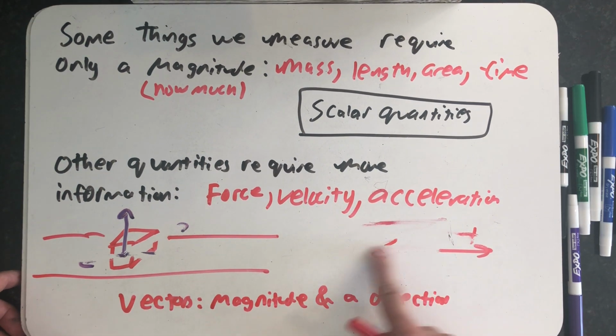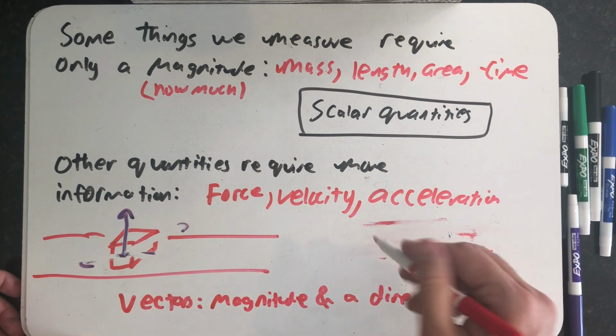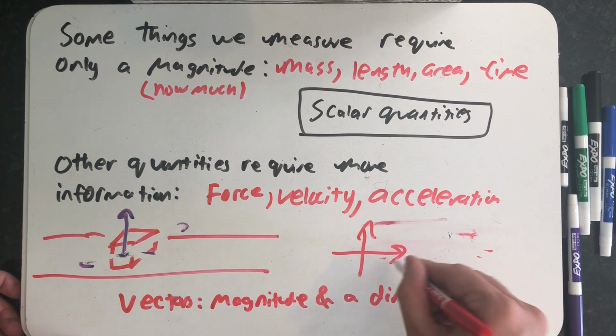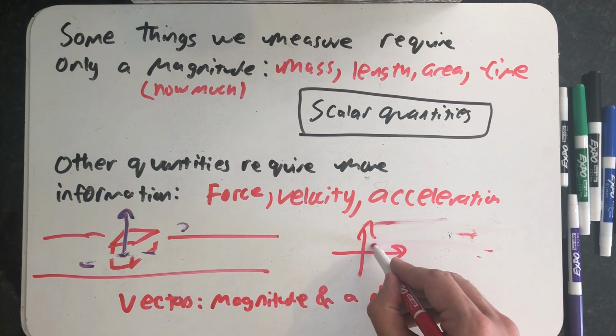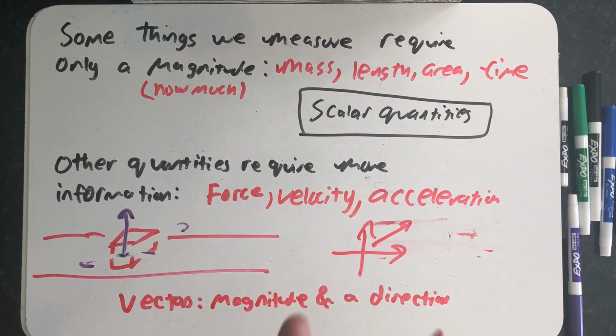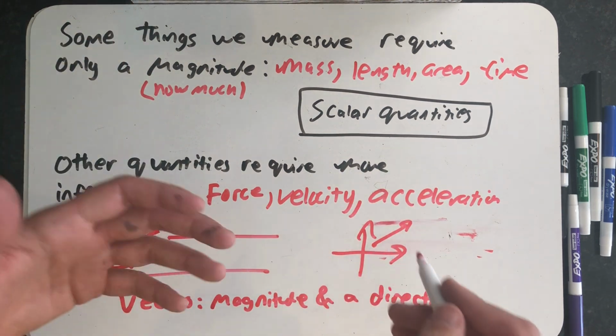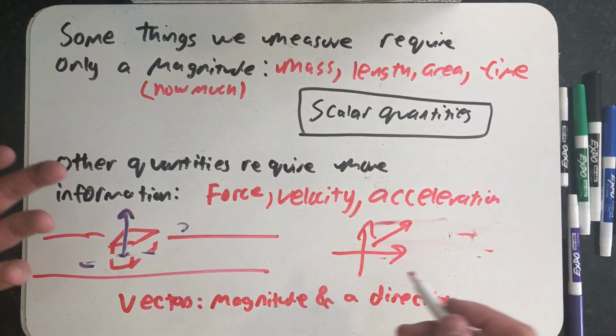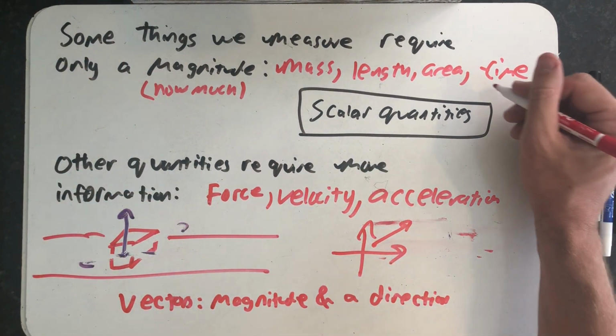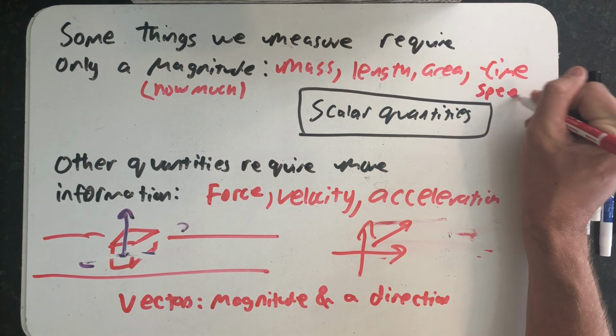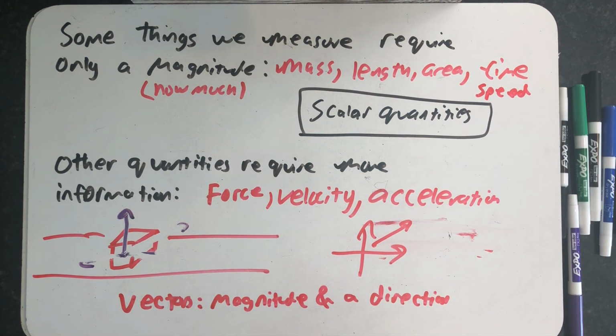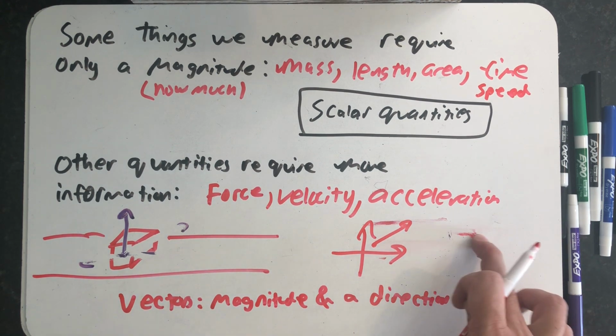But if I have something moving in the plane or in space, right, a plus or minus wouldn't make sense. I'll need to literally tell you a direction I'm traveling in to describe velocity. If I only tell you 30 miles an hour, right, if I only tell you the number, that actually becomes a scalar quantity, and we call that speed. And we'll talk about that more later on in the class.